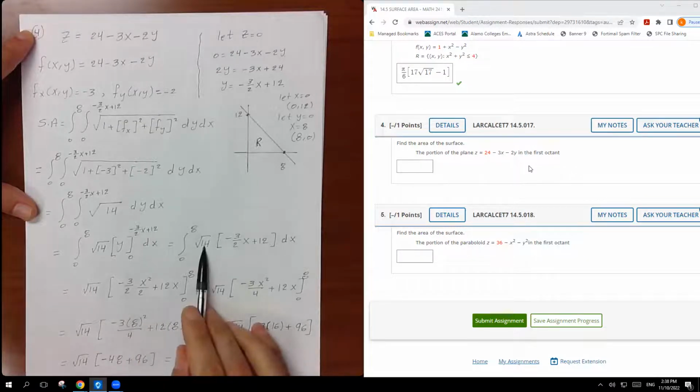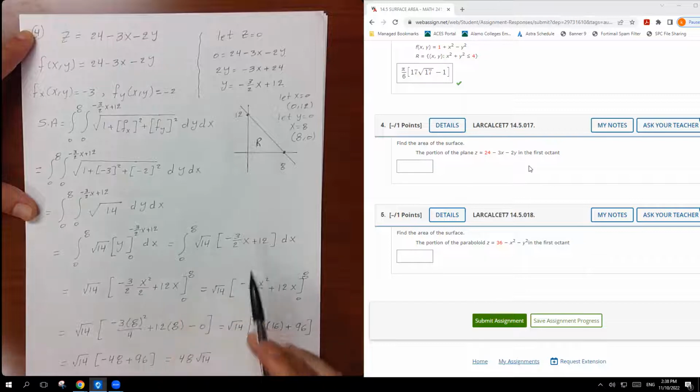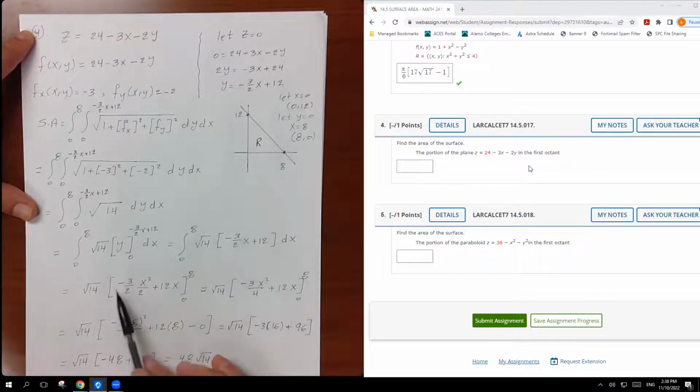Plug in these, square root of 14 times negative 3 over 2 x plus 12, minus 0. This is a constant. Find the integral with respect to x. So it's going to be negative 3 over 2 times x squared over 2 plus 12x from 0 to 8, all times the square root of 14. Simplify this one: negative 3 x squared over 4 plus 12x from 0 to 8.